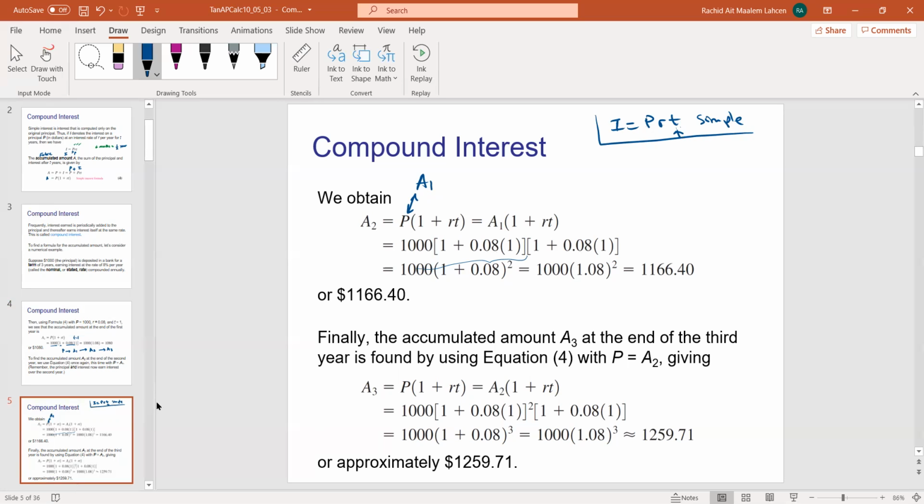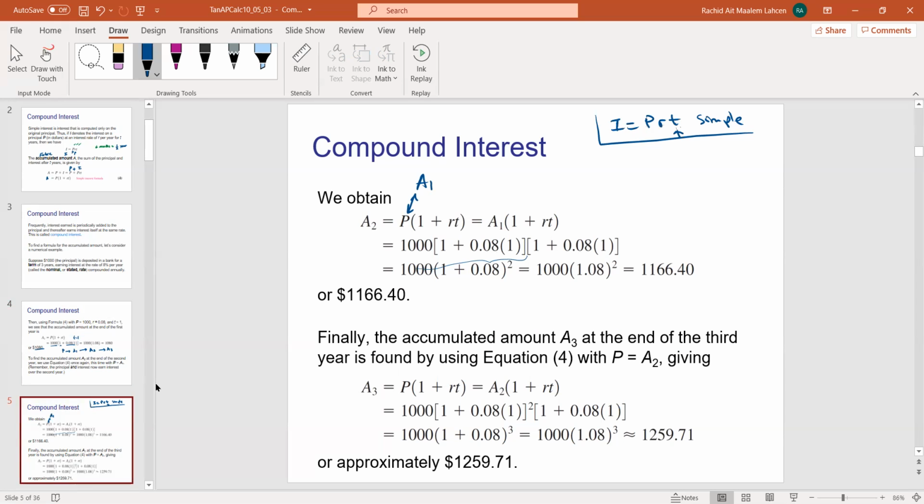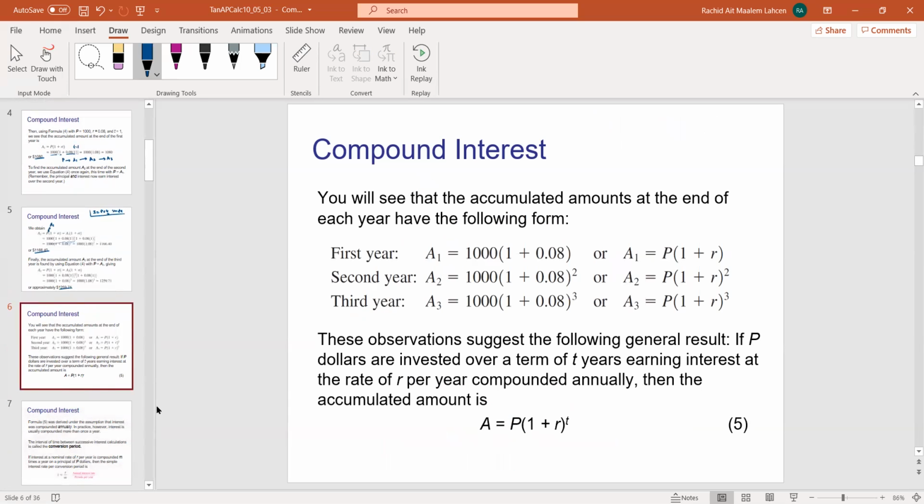So these steps are just to help you understand how 1,080 is going to be the new amount that will give 1,166. Then we're going to do the same thing again. We get 1,259. So you probably already know this, and we just keep going: the first year, the second year, the third year.